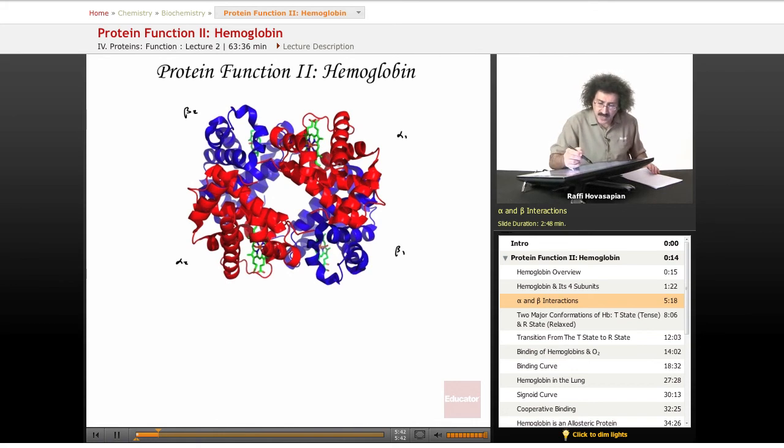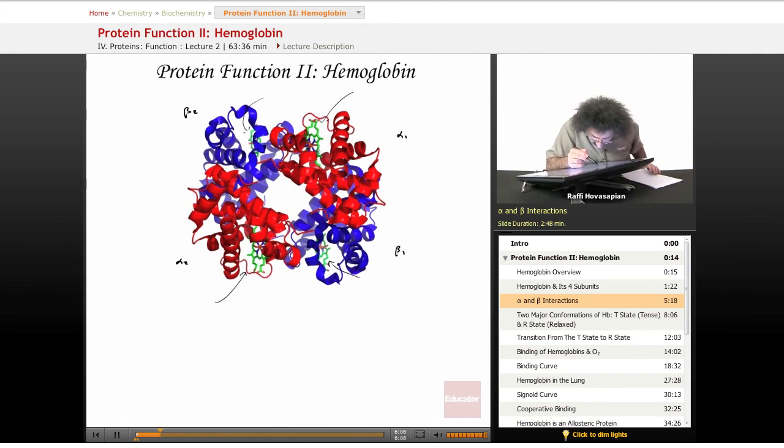Now you can also make out that each subunit has its own heme group. So here is the heme group for this one. And this one is a little hidden. You can see the heme group right here, and right there for that one, and here it is for that.